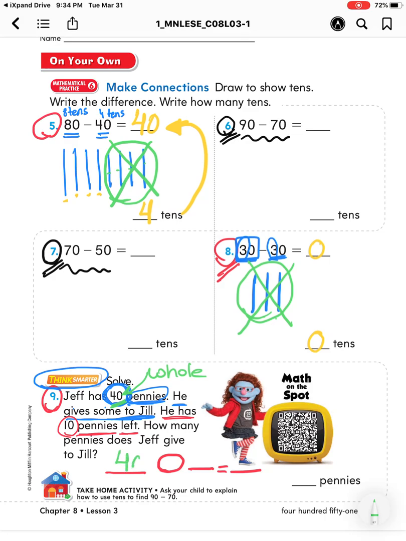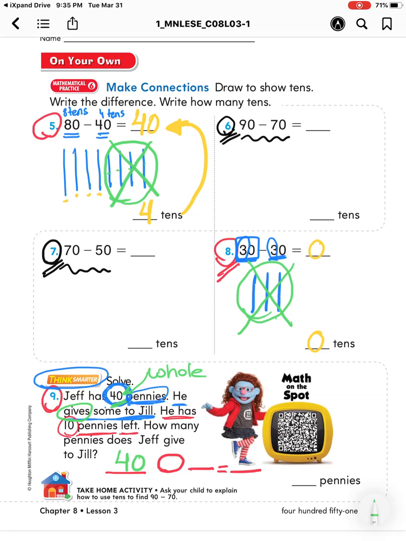So we have here 40. Now he gives some. When you give someone something, does this add to your stuff? For example, if you have 4 pencils and you gave 2 pencils to your friends, the number you have will decrease, will be smaller, or will increase and be bigger?